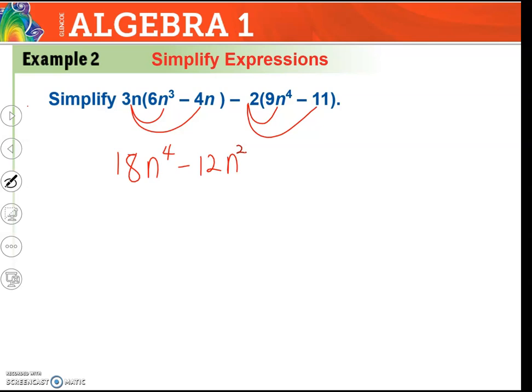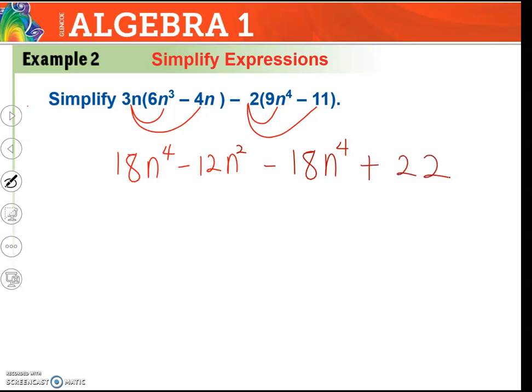Now we move to the next one. Negative 2 multiplying 9n to the power 4 gives negative 18n to the power 4. And negative 2 multiplying negative 11 will give us positive 22.